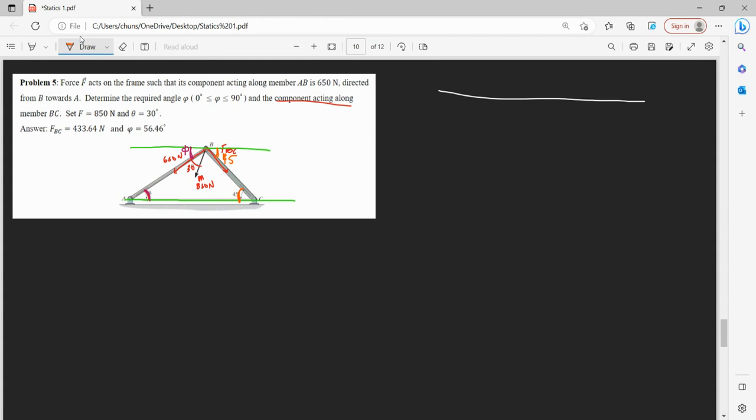I think we have enough to answer a couple things, or at least to get started. So we have 650, FBA, and then this is FBC, which we don't know yet. And then as a resultant force, we have 850.